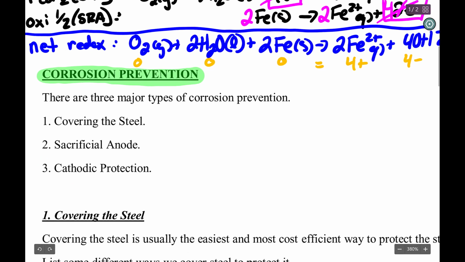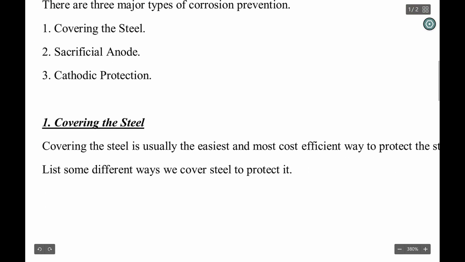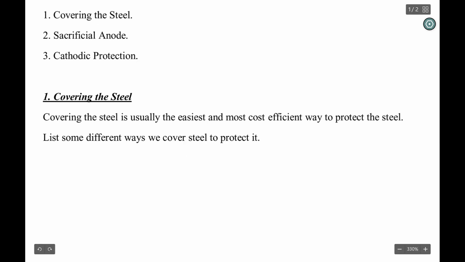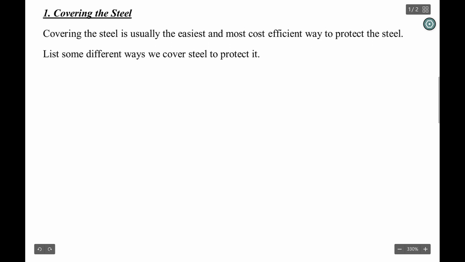So what I'm going to do now is just go through these slowly, one at a time, and write some of them down. Okay, so the number one most common thing to do to stop corrosion from happening is covering the steel, and it's usually the most cost-effective way.